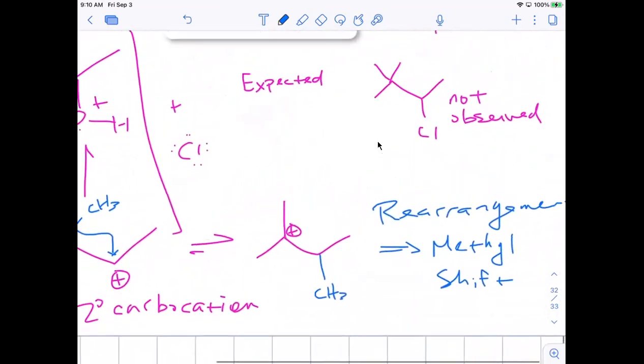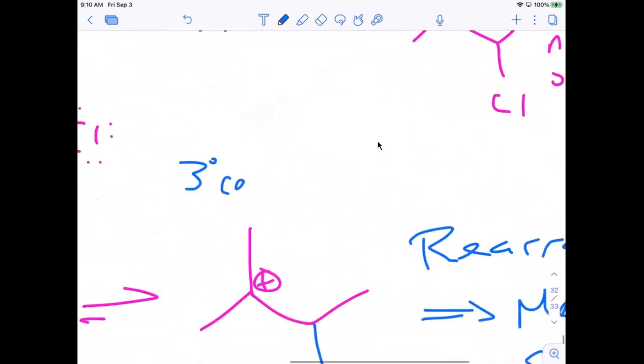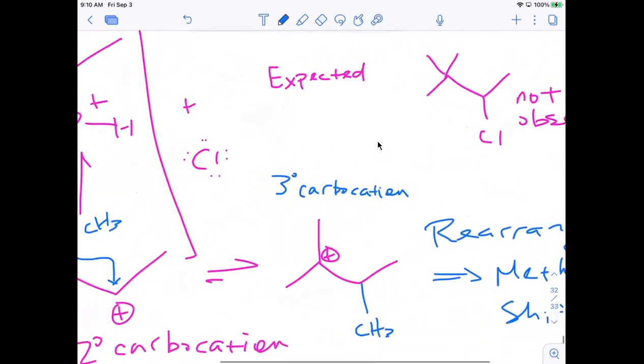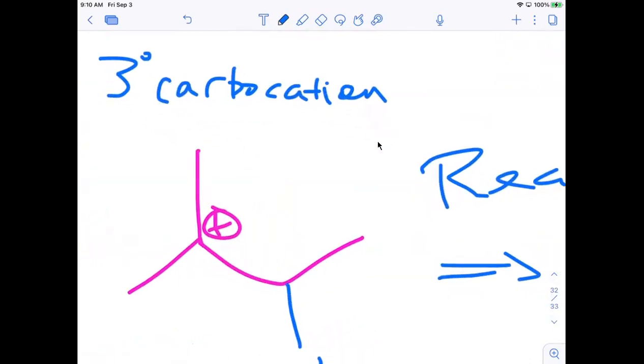And now you have a tertiary carbocation, which is more stable. Right, so now you've generated a more stable carbocation. Most of the times when you have rearrangements of cations like that, the purpose is for stability. Right, you go from a less stable carbocation to a more stable carbocation.